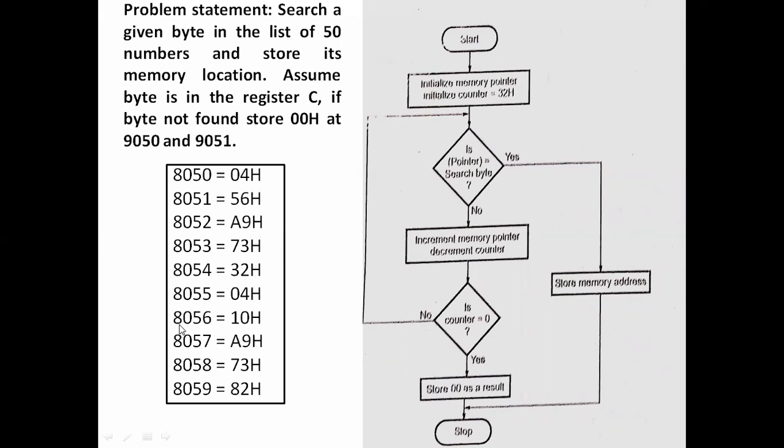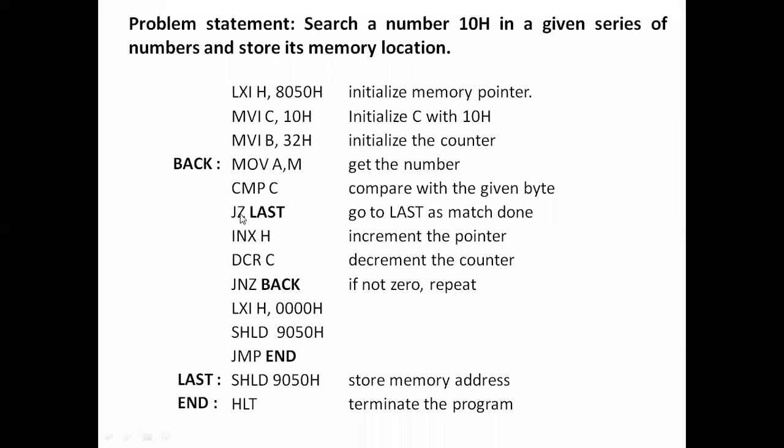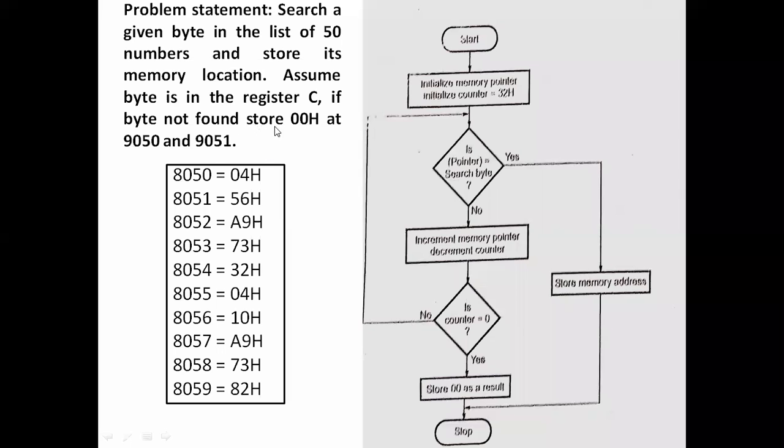A time will come when it will become 8056, whenever it is fetching 10. So when this 10 is matched with the content of the register, the HL pair contains 8056. So whenever the zero flag is set, we are going to store the HL pair content into 9050. And suppose the number which we are searching for does not match, then in that particular case, the problem says store 00.